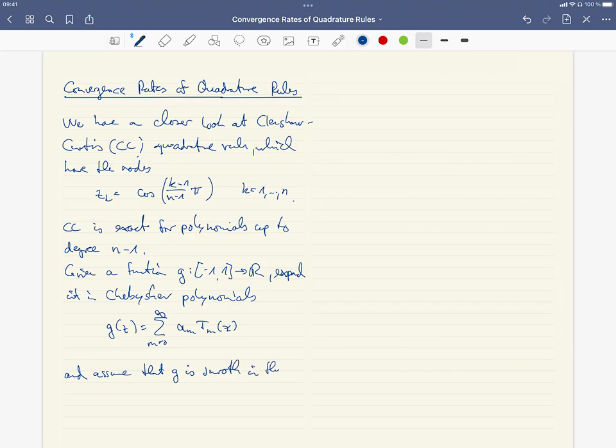So it's smooth in the sense that a_m decays like m to the minus s, and that's related to some kind of differentiability of order s, which I'm not going to make precise. It's a little bit technical, but we say for short that g is in X^s.